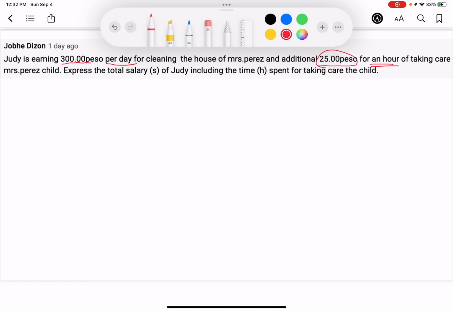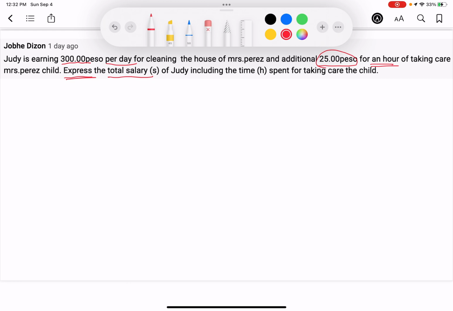And aside from the 300 pesos, meron pa siyang makukuhang 25 pesos kada oras sa pag-aalaga sa anak ni Mrs. Perez. So, we want to express daw the total salary, which is in variable S.